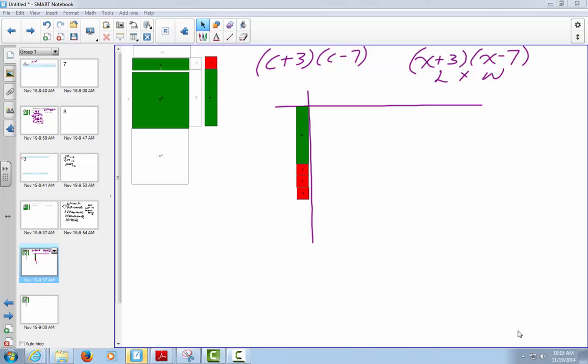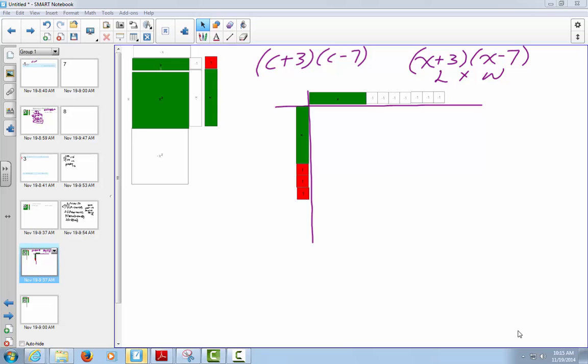And then I take an x and 7 negatives: 1, 2, 3, 4, 5, 6, 7. And we line them up a bit better. It's a slow process, but it's a good visualization for this.